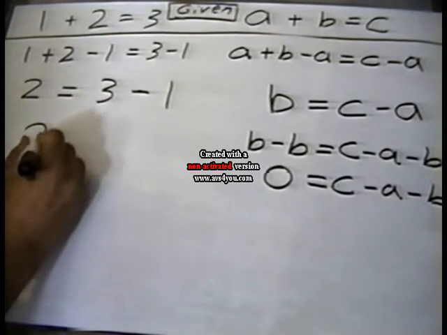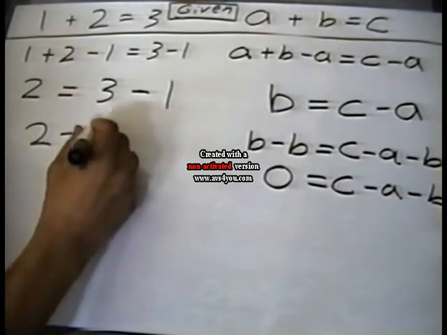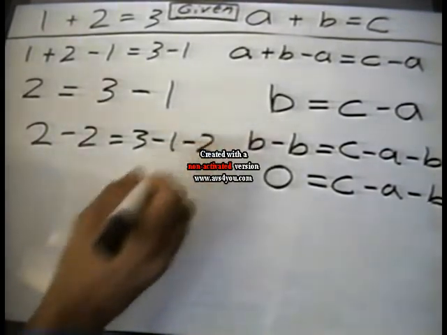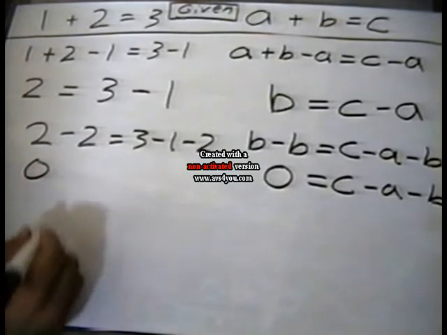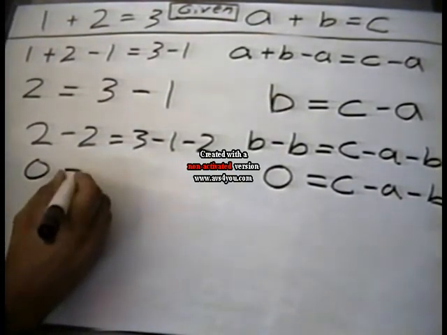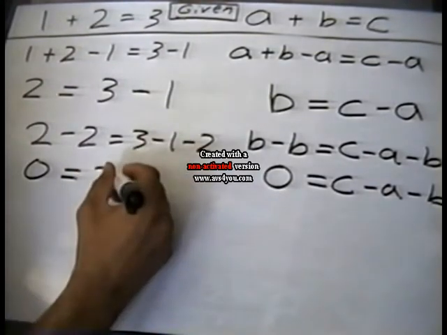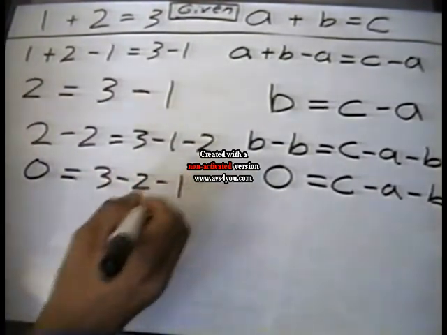I can subtract 2 from both sides over here. 2 minus 2 equals 3 minus 1 minus 2. Okay, here you get 0 equals 3, I'm not going to put them in order, 3 minus 2 minus 1. Okay?